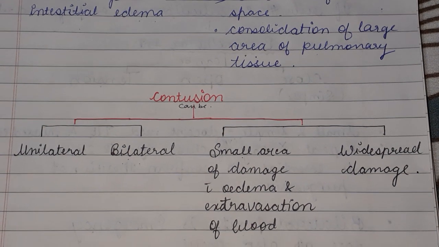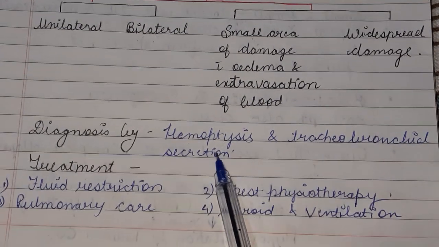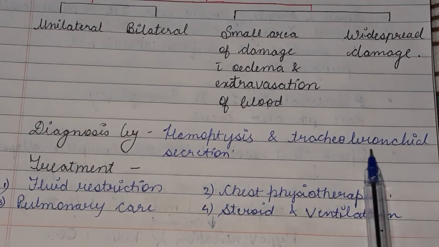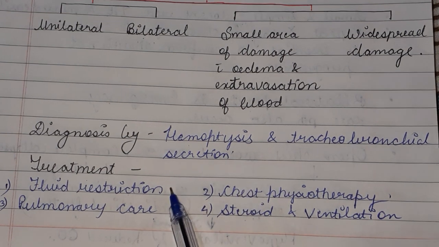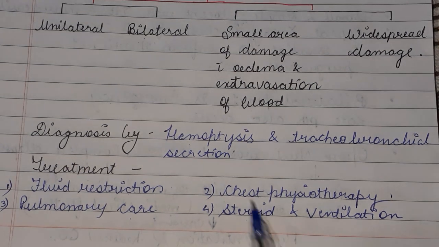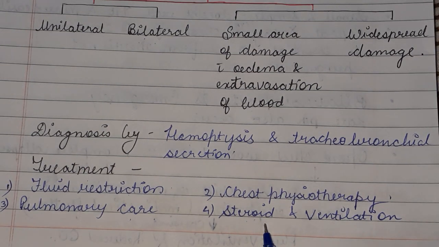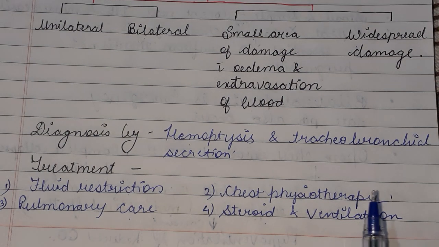The main diagnosis of this injury is by testing the hemoptysis and tracheobronchial secretions. The treatment is fluid restriction, chest physiotherapy, pulmonary care, steroid and ventilation if it is necessary in severe cases. So this is the brief about contusion of lung.